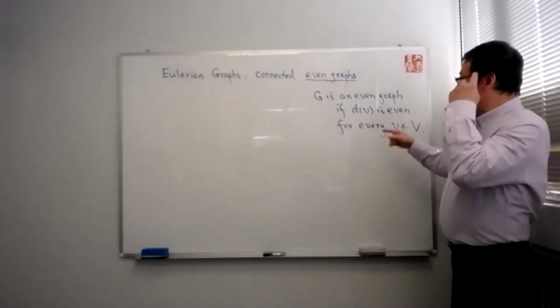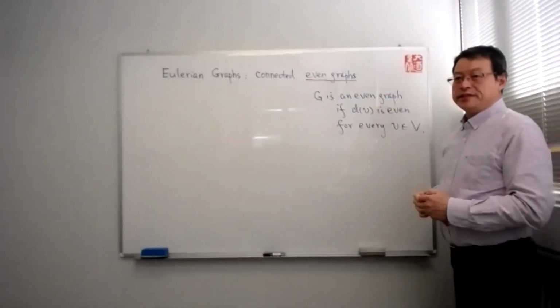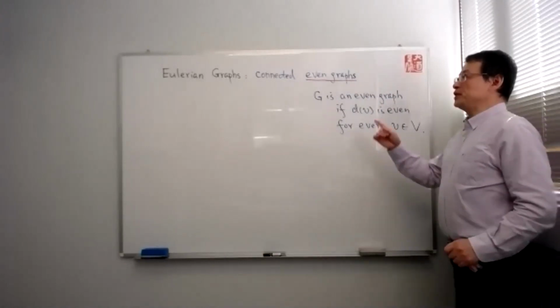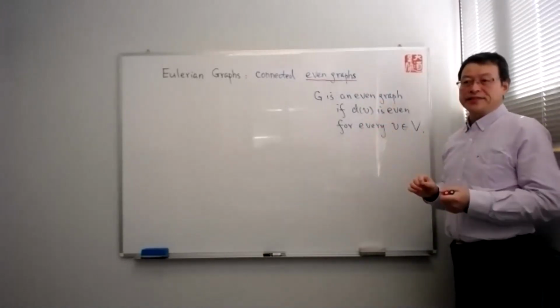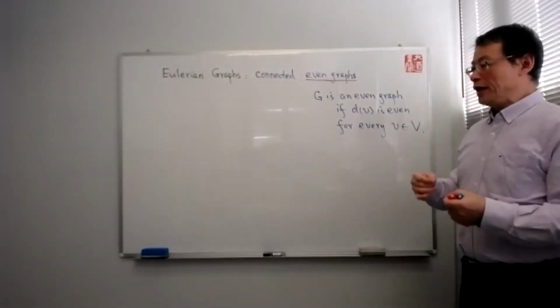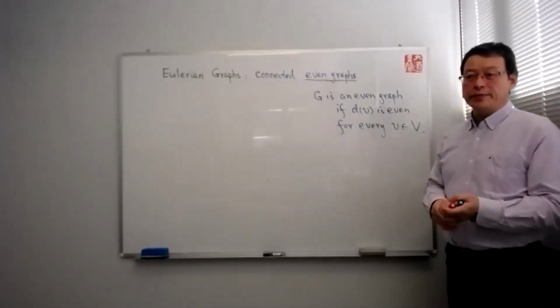An Eulerian graph is just an even graph that is connected. That's the characterization of an Eulerian graph. Now we're going to make a connection between an Eulerian graph and an Eulerian path. If we do not need to return to our starting vertex, then what we're looking for is called an Eulerian path.